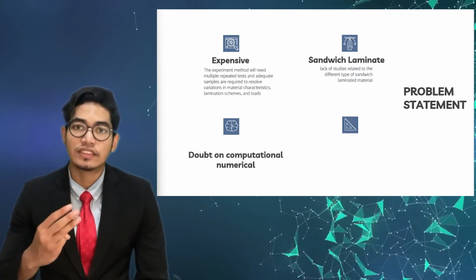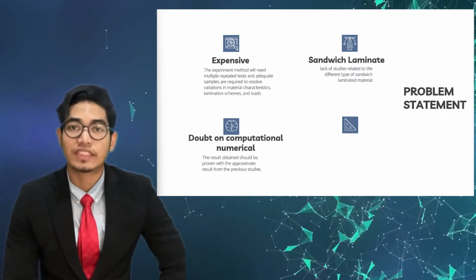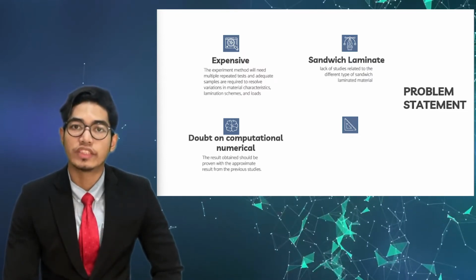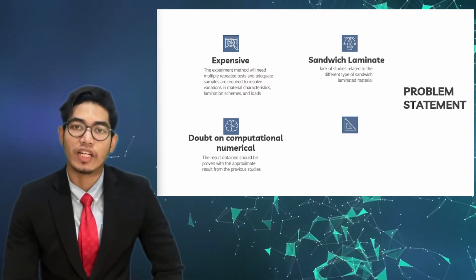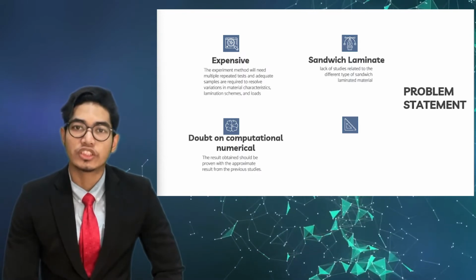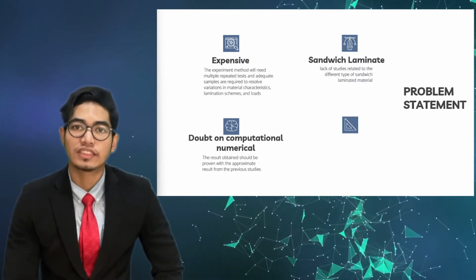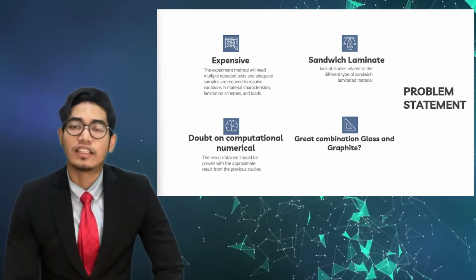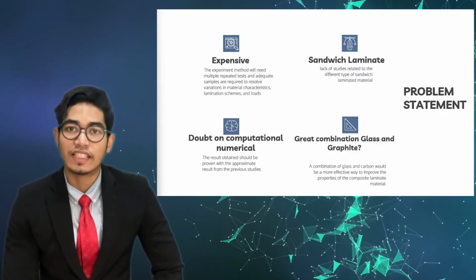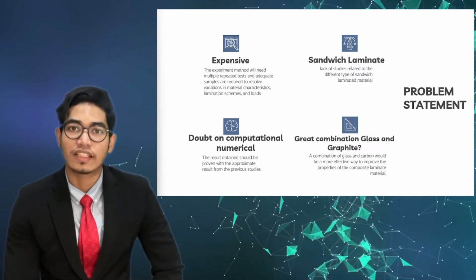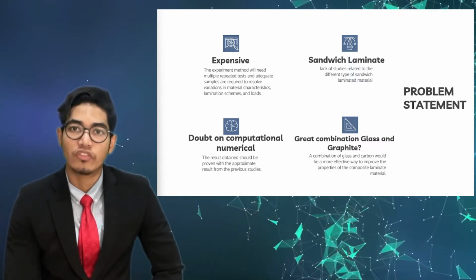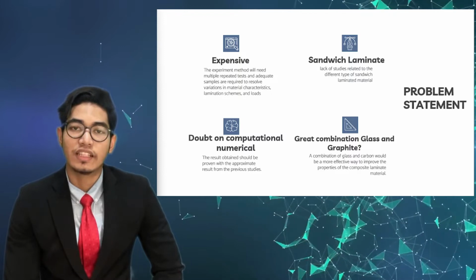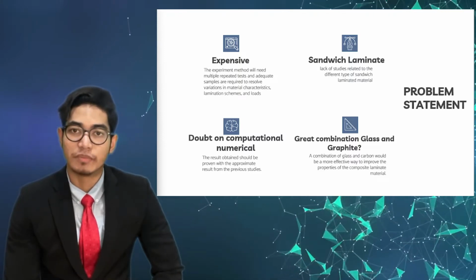Then, third, some may still doubt the accuracy of the computational method used for analysis. The result obtained should be proven with approximate results from previous studies. Lastly, there is a question of whether a combination of graphite and glass can reduce the cost of material while the strength and its lightweight characteristic are maintained.